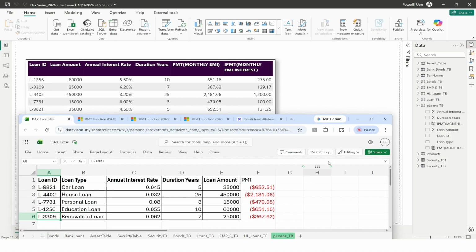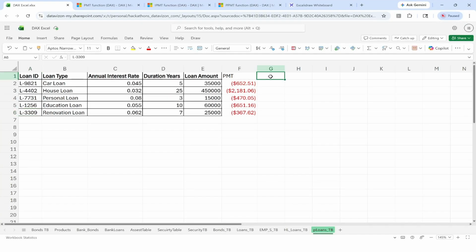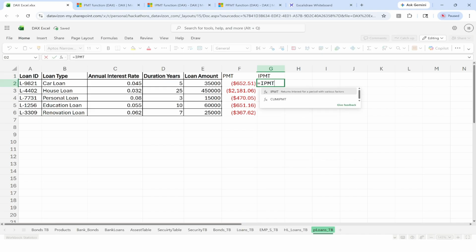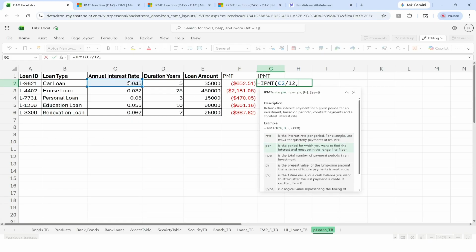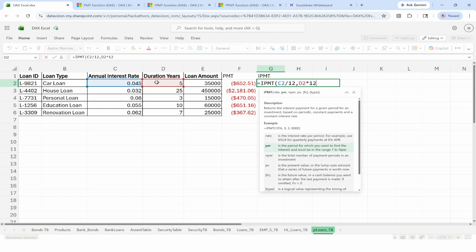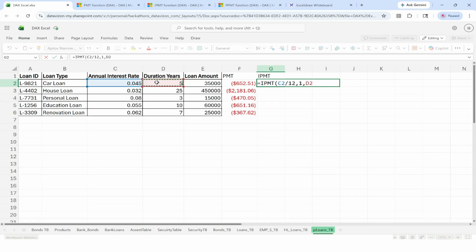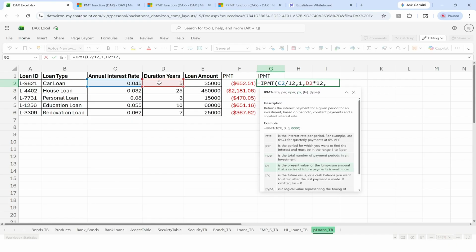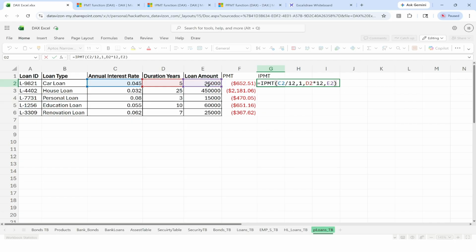Let's go here. So here let's write the IPMT. Let's take this IPMT in the bracket, annual interest rate divided by 12, duration into 12, sorry, we need to specify the period. Later, duration into 12, comma, loan amount. Let's close this.